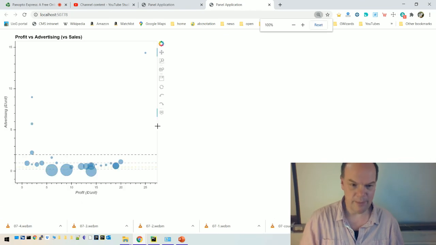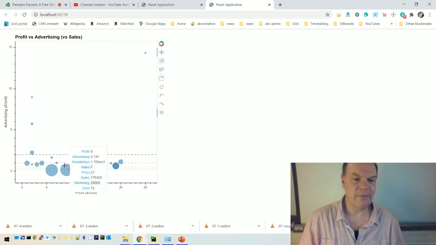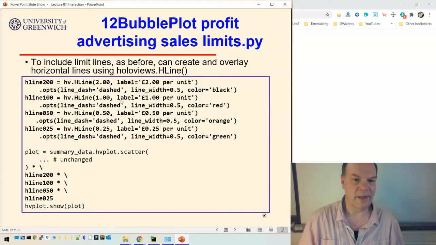Let's zoom out again, and the limit lines were showing me the different amounts spent on advertising: £2 per unit, £1 per unit, and that showed me where they were. And I can compose all those plots together. Essentially, I'm creating 5 plots there.